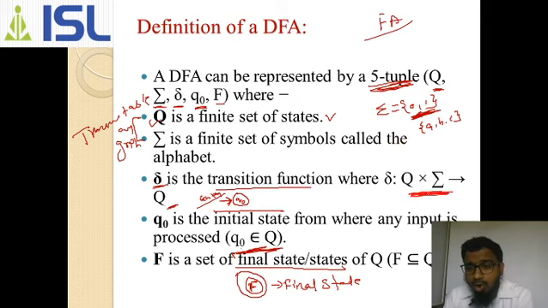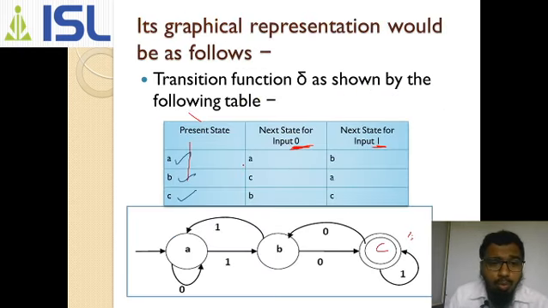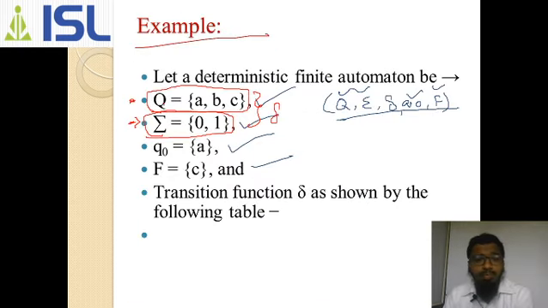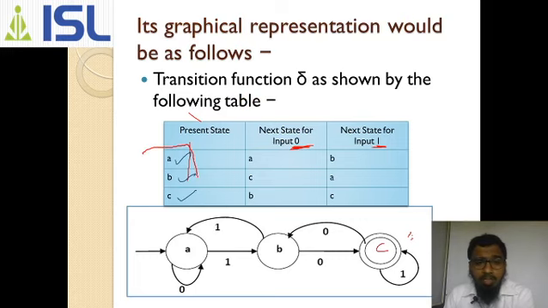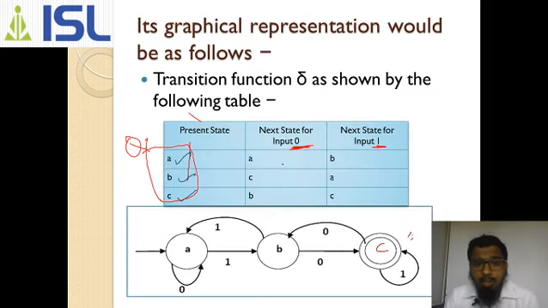Q cross sigma. Q cross sigma: Q means A, B, C, and sigma means 0, 1.